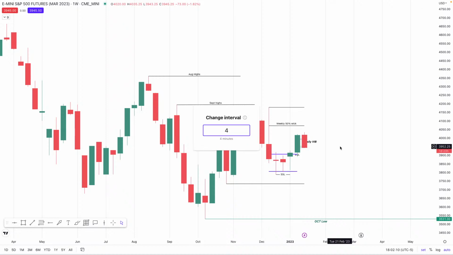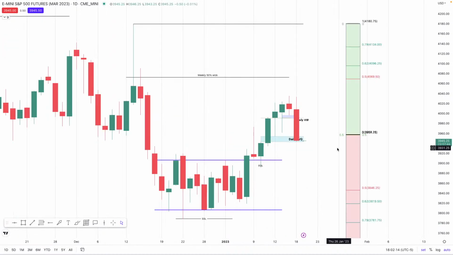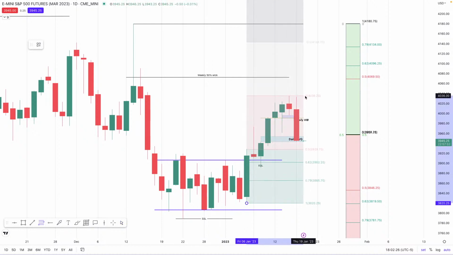So, moving on to the daily. We created a swing high right here, and we have our swing low right here. If I take the fib and run it like so, we have this fair value gap in here, or this order block.